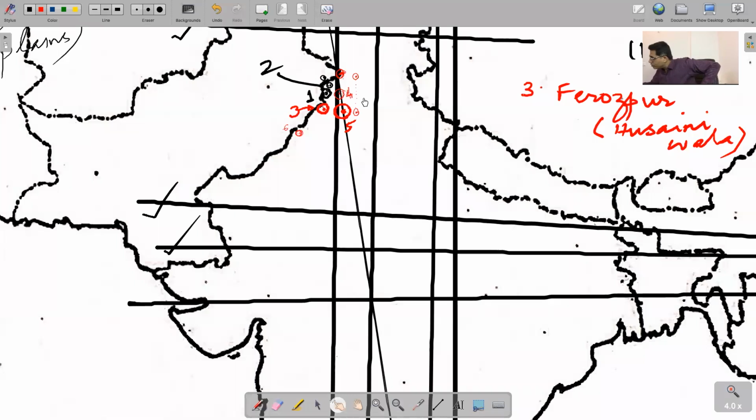Okay, so Roopnagar is east of Ludhiana, and if you are marking slightly northeastwards, say somewhere here, more or less, this is Nangal, northeastwards. So this is 7 and this is 8.